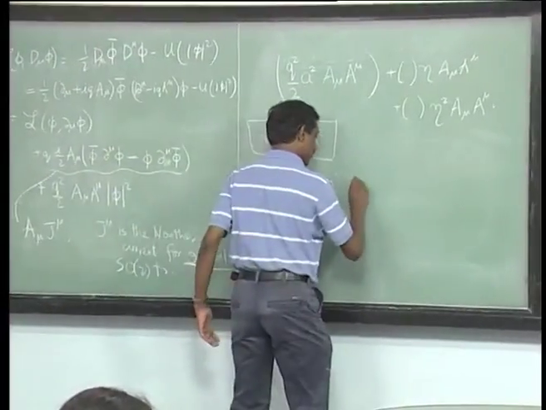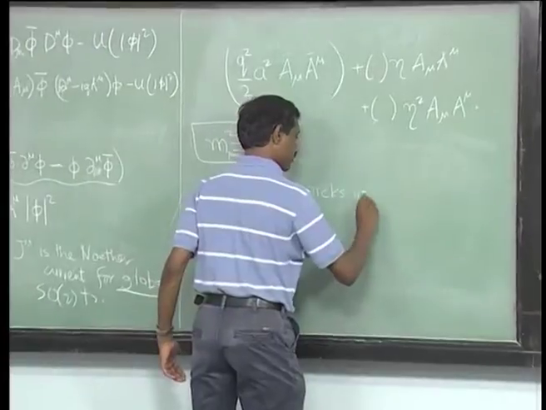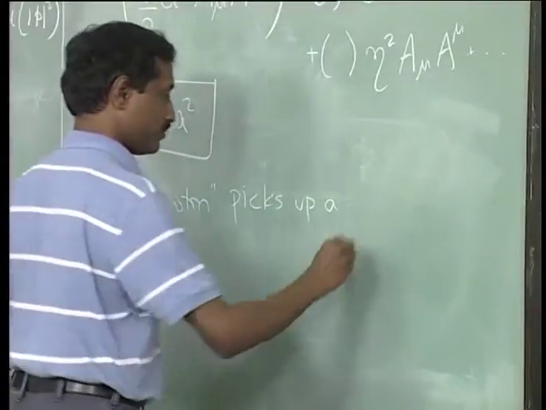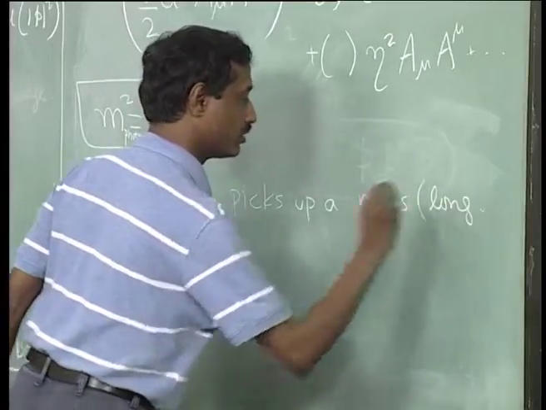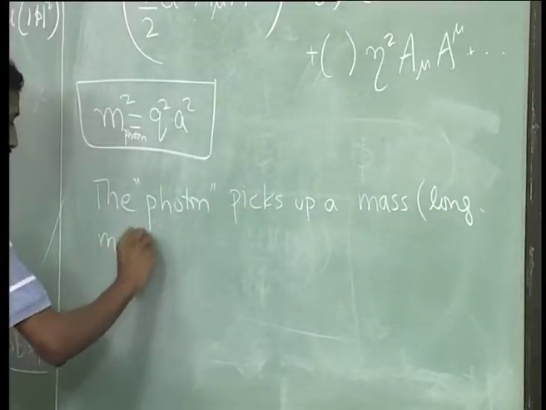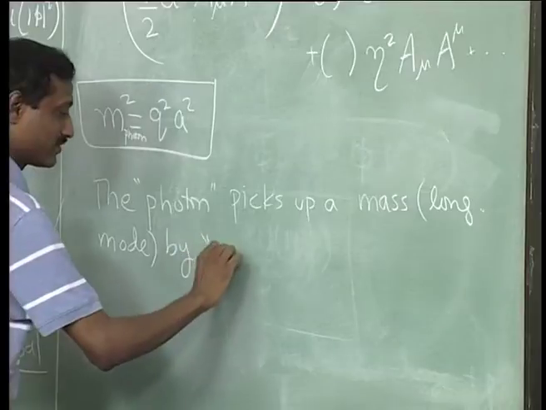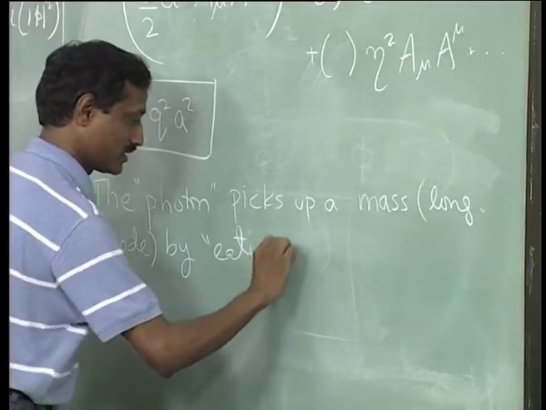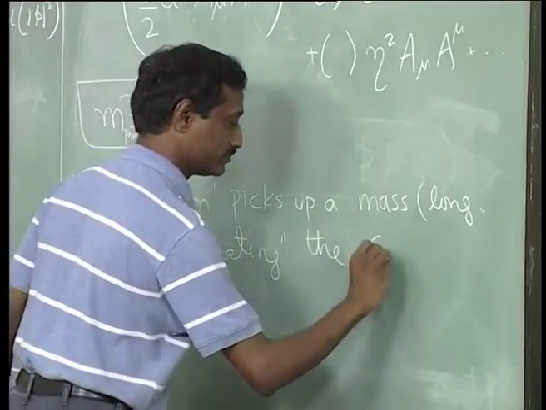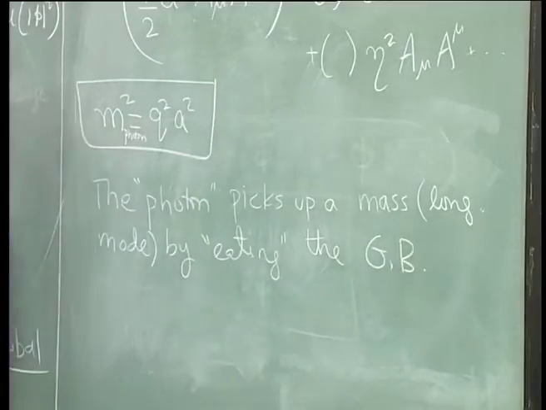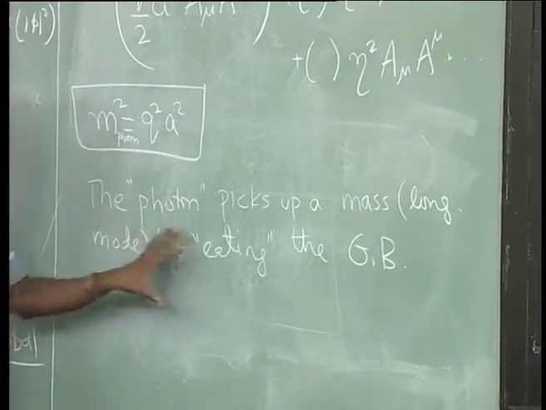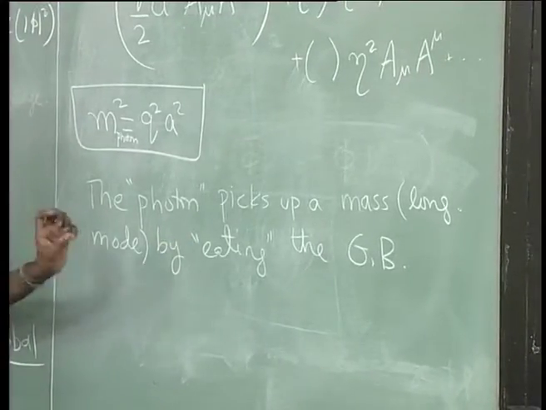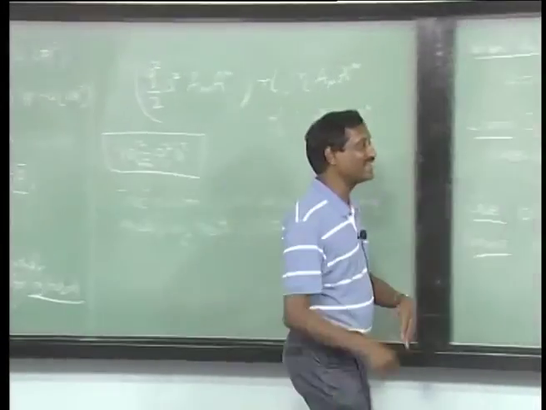The photon picks up a mass, or equivalently a longitudinal mode, by eating the Goldstone boson. This is what is colloquially said. Okay. It is a graphic picture, but it captures exactly what happens, and the process of eating we have already done.